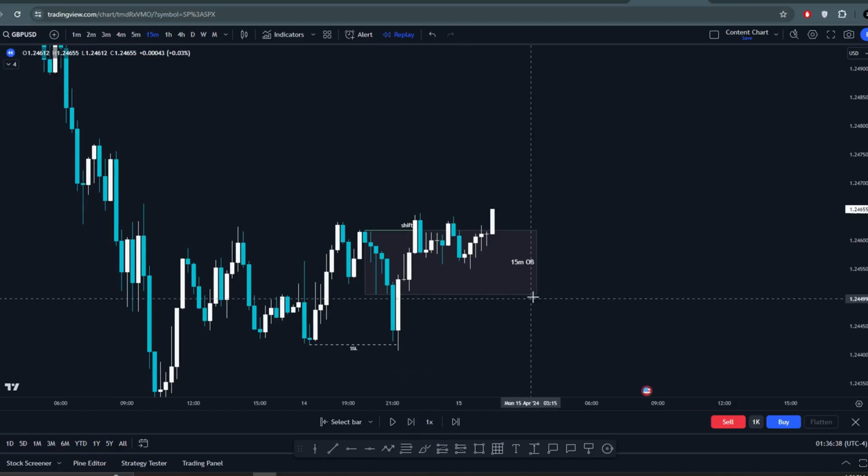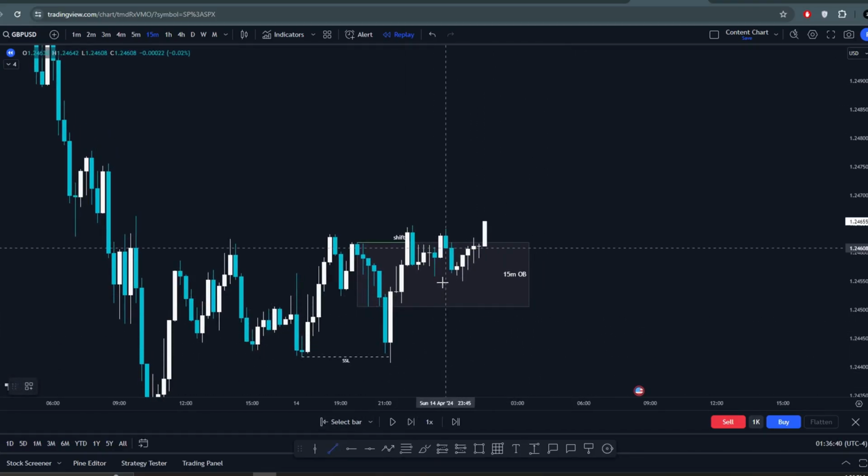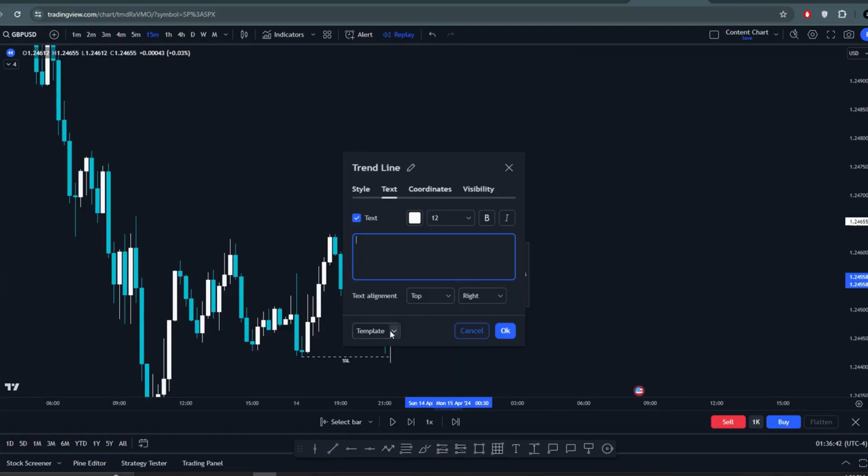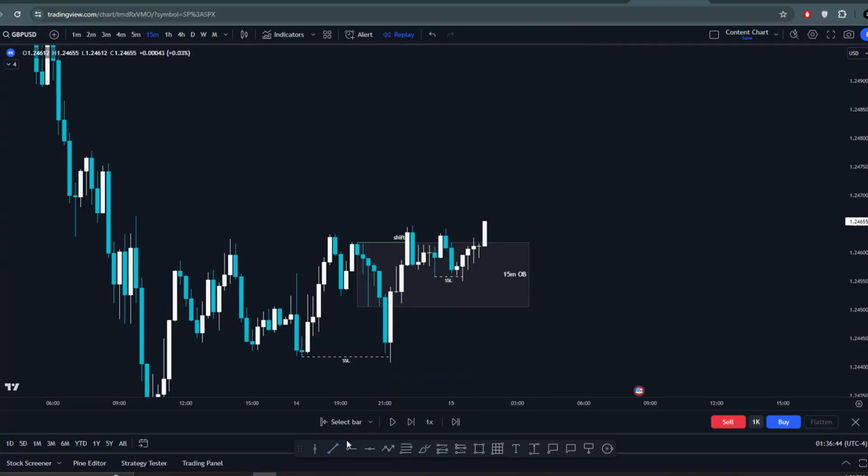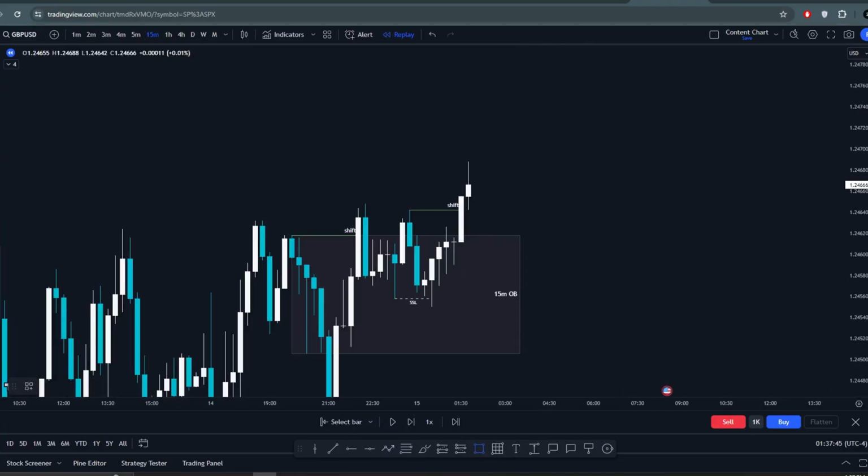And as we can see, the price once again took out this sell side liquidity right here. And here once again we have a high probability order block. So how are we going to use this order block? As we can see right here, we have a fair value gap overlapping into this order block, into this wick.